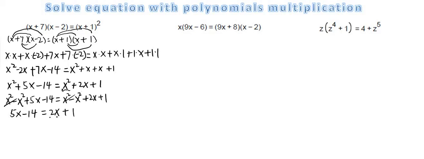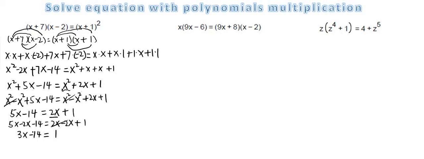And again, we have 2x on the right hand side. That means we're going to subtract 2x for both sides. Now we can cancel out. Here is 3x minus 14 equals 1.